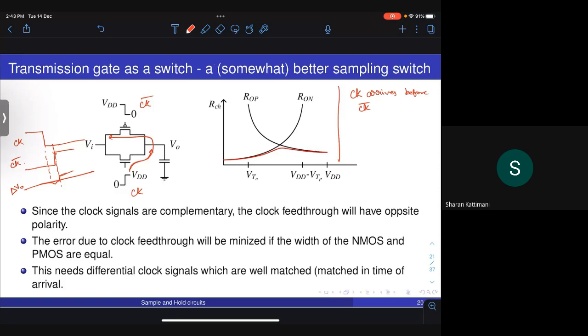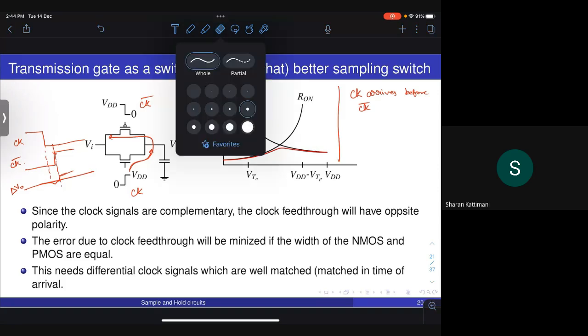But any small mismatch in the timing of clock and clock bar will mean that the one which injects charge first, or produces an error due to clock feed through first, that small voltage will find a low impedance path through the other switch which is still on, and the compensation will not happen properly, right?